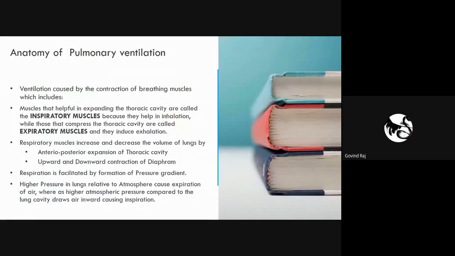The respiration is also facilitated by the formation of a pressure gradient. In order for the air inside our lungs to move out, there should be a pressure difference.